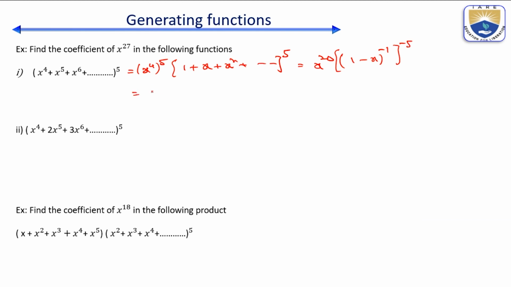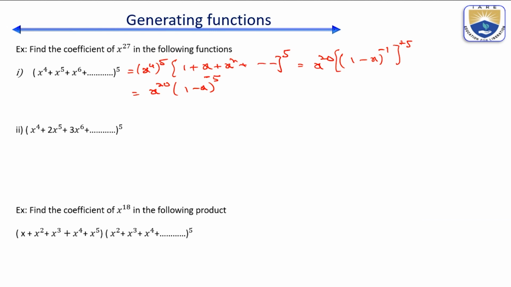So then it is x power 20 times (1 minus x) whole to the power of minus 5.